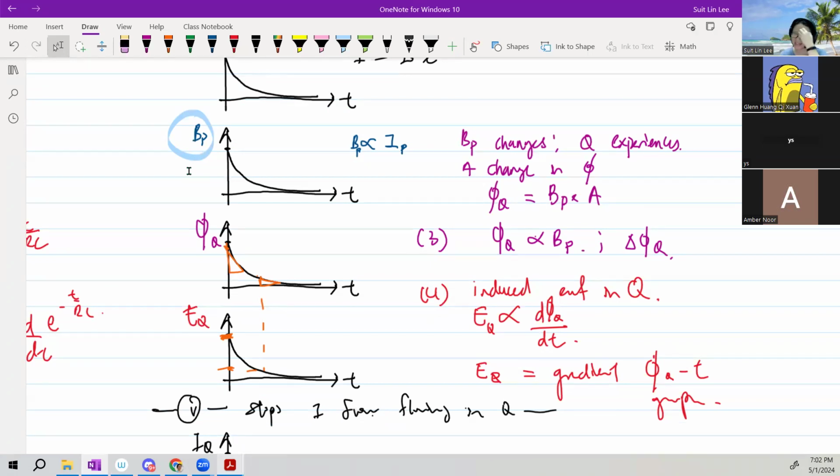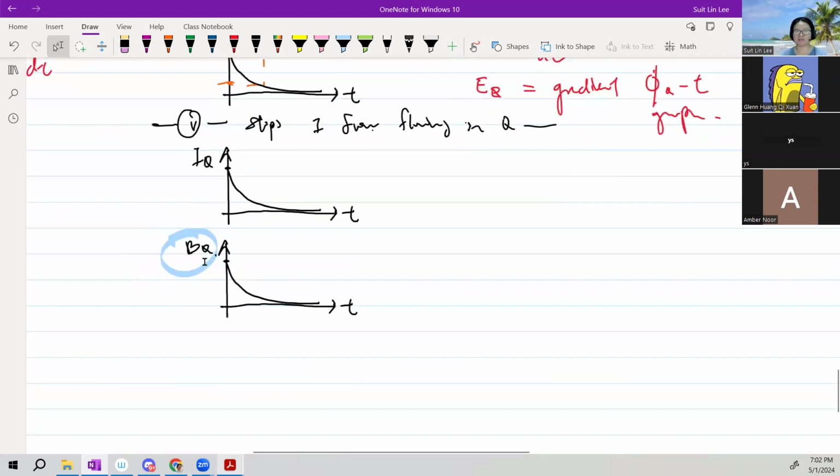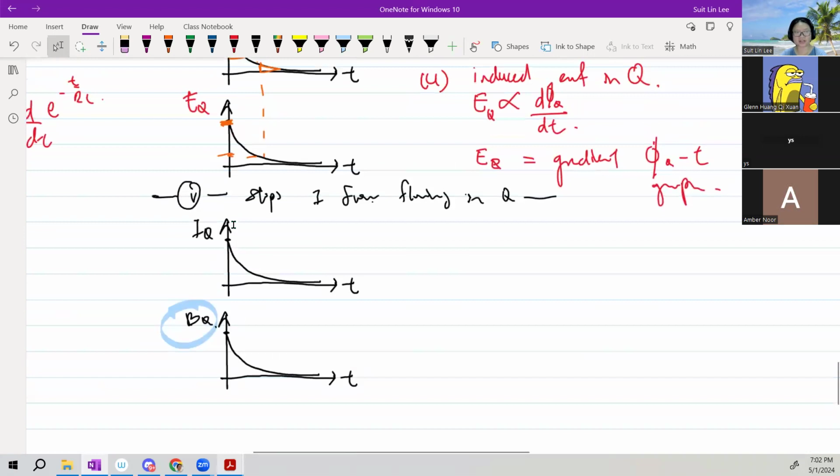It has nothing to do with whether there is a magnetic field in wire Q at all. So your question of whether wire Q has a magnetic field depends on whether the induced EMF in Q is allowed to push the current in the loop of Q.